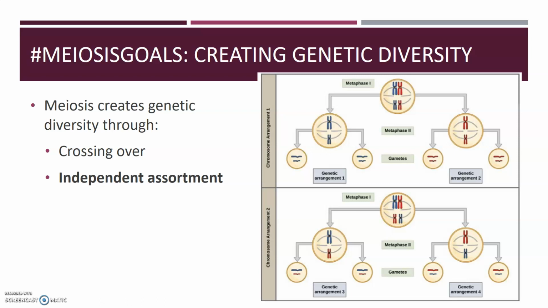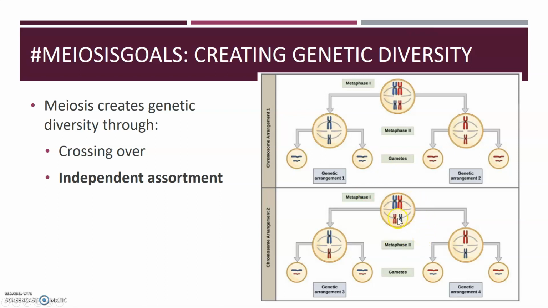There's no way to predict it, and there's really no difference. The chromosomes can line up so that all the blues are on the left and all the reds are on the right, or they can line up like this, where there's a bigger blue chromosome on the left and a red one on the right, and a small red one on the left, blue one on the right. And that doesn't matter at all.